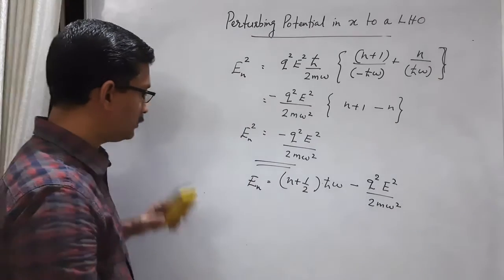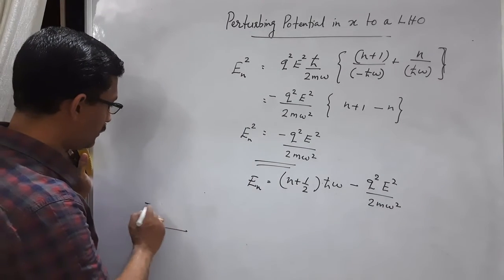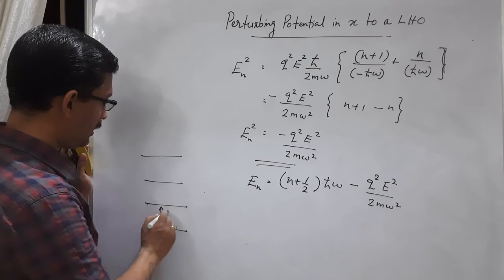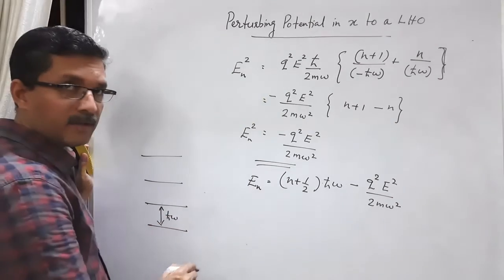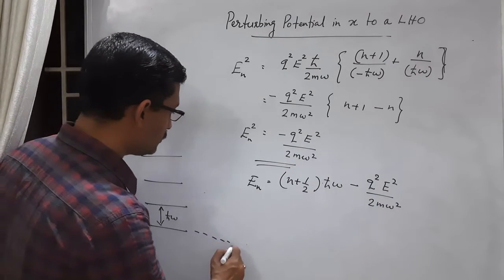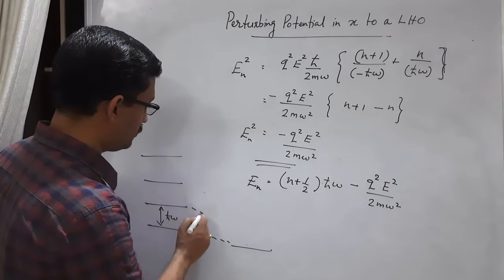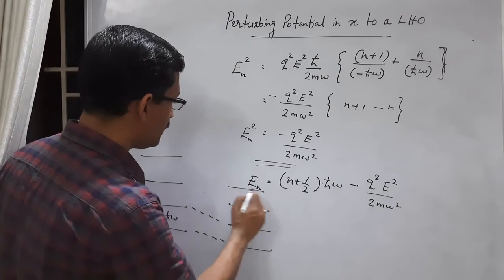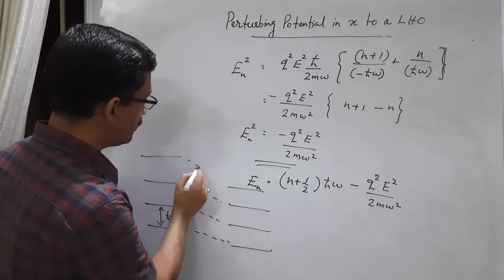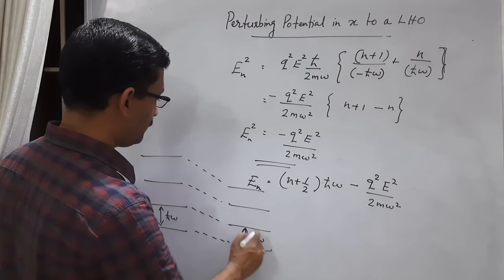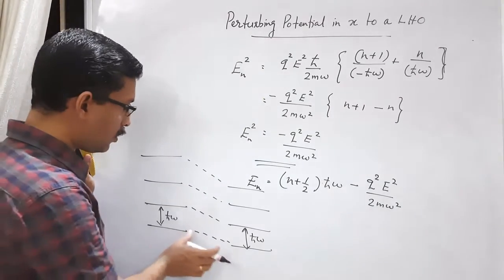Okay. So if these are the energy levels of the unperturbed oscillator with separation h cross omega, what about the perturbed oscillator? The energy levels are slightly lowered, but they are again equally spaced, right? The separation remains the same, h cross omega. Energy levels are lowered by a factor.